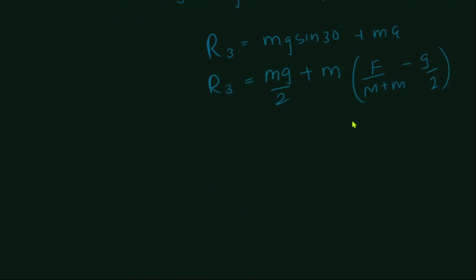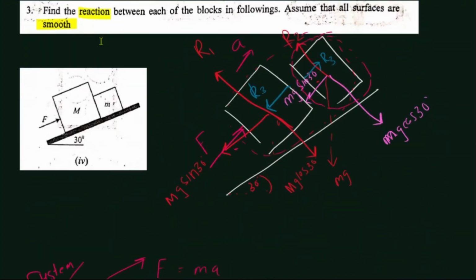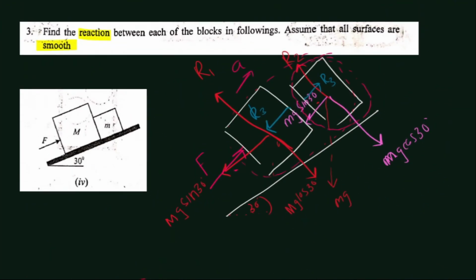If you further simplify R3, mg over 2 plus m F capital M plus simple m minus mg over 2, this cancels. R3 is going to be given as m F capital M plus simple m. So this will be the answer for the reaction between the two objects, right? Okay.